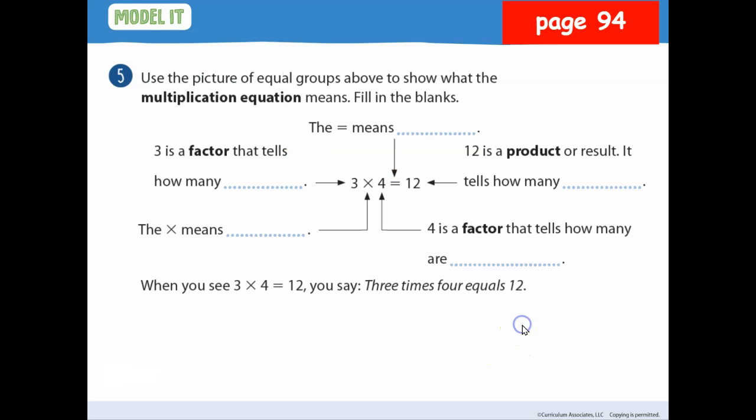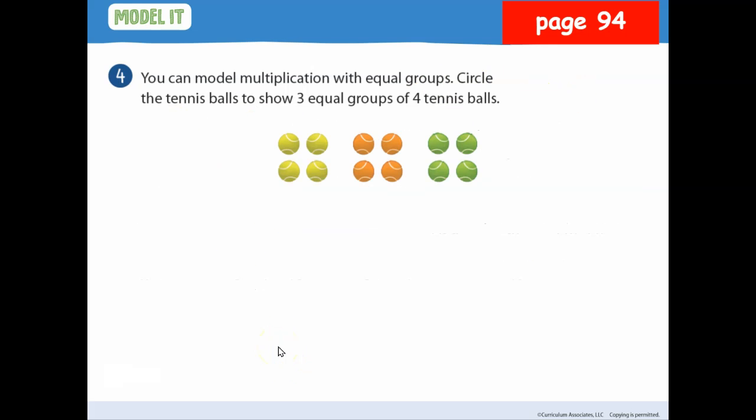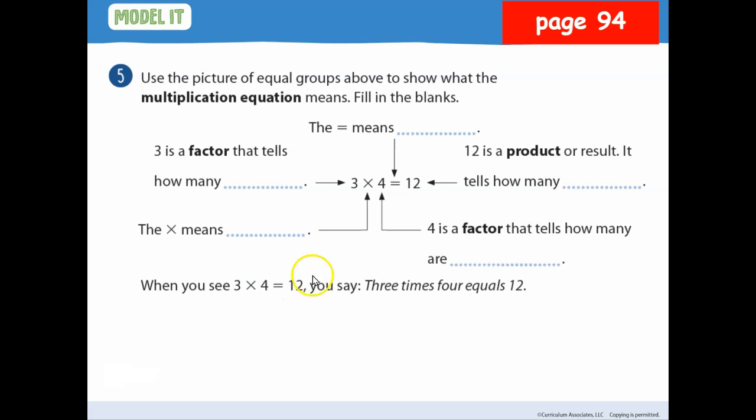Then let's go on. Now use the picture of equal groups above to show the multiplication. So we're using this picture right here, okay? All right. Now, what does this sign mean? Equals.